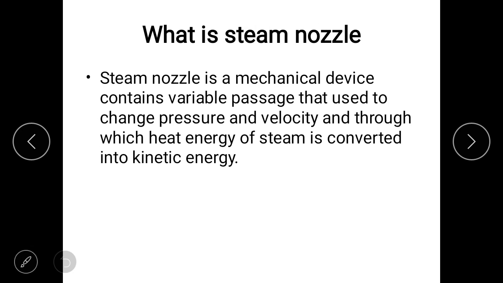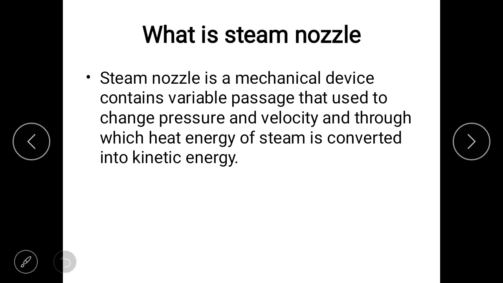So the definition clearly tells that the steam nozzle is a mechanical device which contains a variable passage that is used to change the pressure and velocity, and through which the heat energy of steam is converted into kinetic energy.